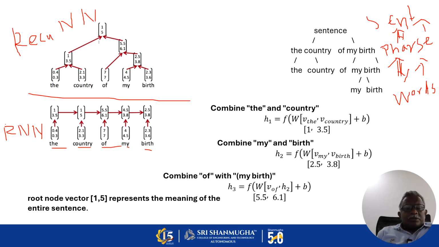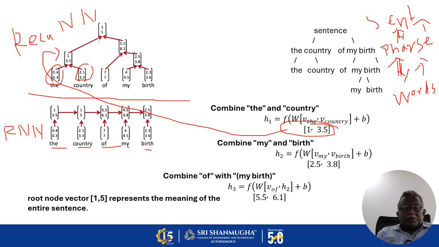If you look at this word embedding representation of "the country of my birth," it is represented like this. If you combine these, you will get 1, 3.5, that is given over here. Then "my birth" is this one, and it is given over here. Again, if we combine these two, we get this one.